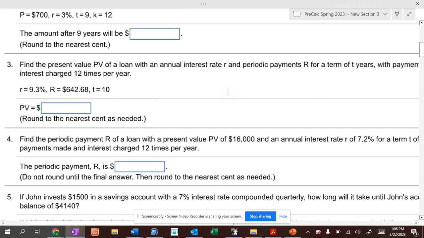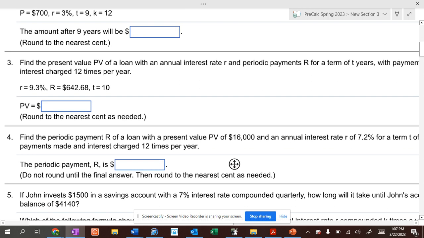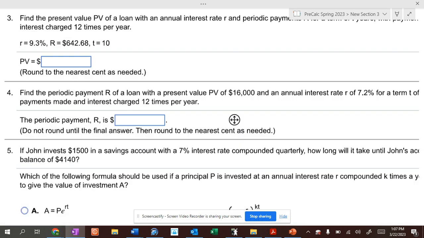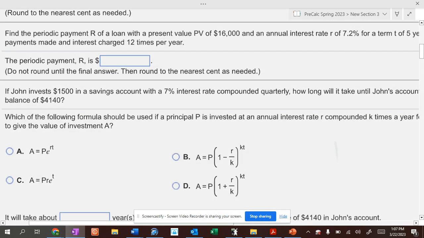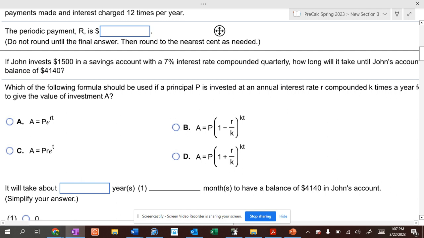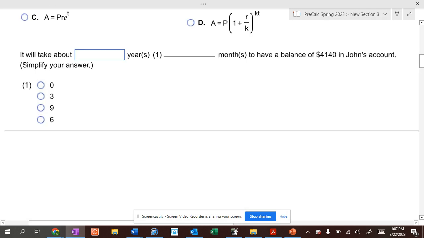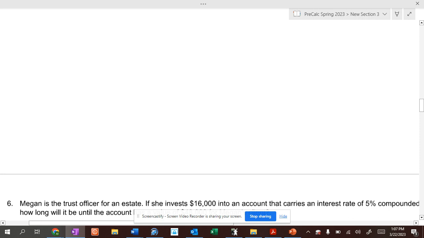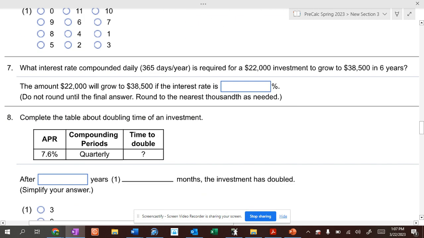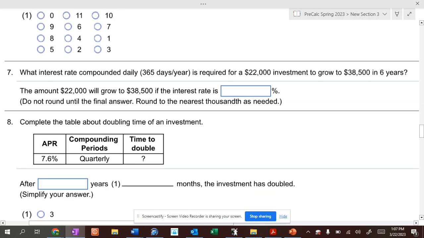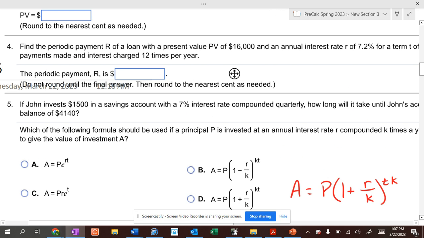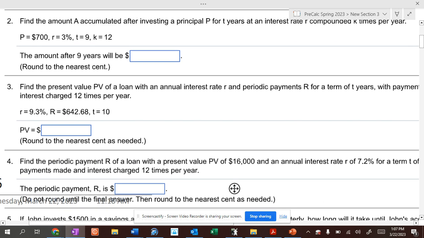Present value of a loan. So that's what we just got done doing on that last problem. Present value of a loan is, I think I have the formula down here somewhere. Nope, didn't have it, so make sure you have that formula.